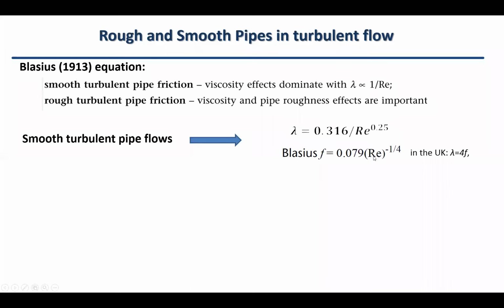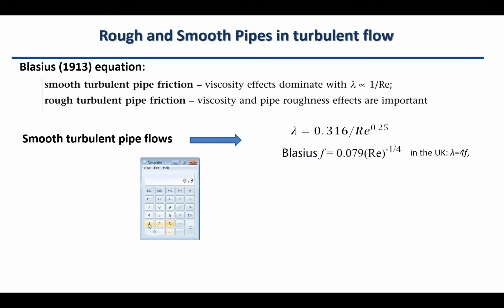0.25. The Reynolds number and its exponent are exactly the same in both equations. Just pay attention; these two equations are completely the same. The only change is that lambda has been substituted with 4f. If you replace lambda with 4f and divide both sides by 4, the left-hand side is f, and on the right-hand side, 0.316 divided by 4 gives 0.079.